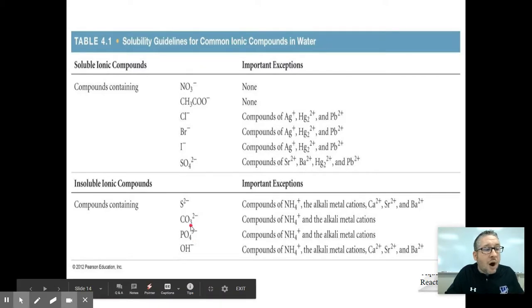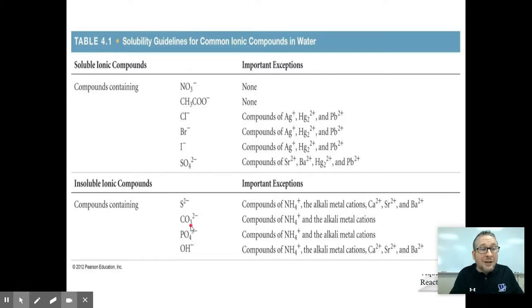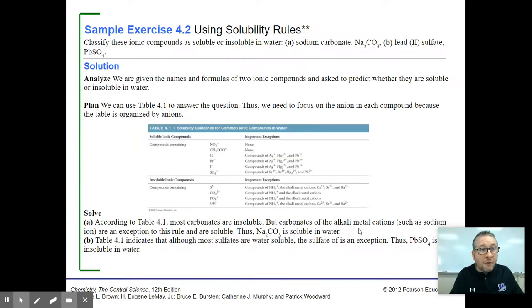Carbonate is typically insoluble unless it is bonded with either ammonium or alkali metal cations. Well, sodium is an alkali metal. So therefore, sodium carbonate is soluble in water. Carbonate, not so much, but it is bonded with an alkali metal. A-OK, makes it soluble.